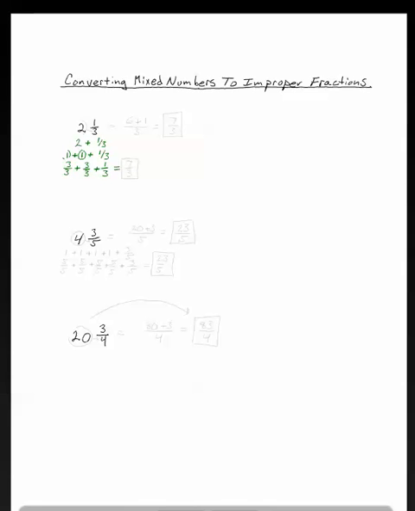Now we know that when we're adding fractions, the like denominator stays the same. So we just say 3 plus 3 is 6, and 6 plus 1 is 7. So we get 7/3.